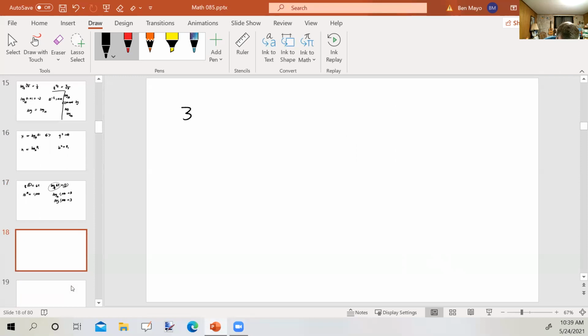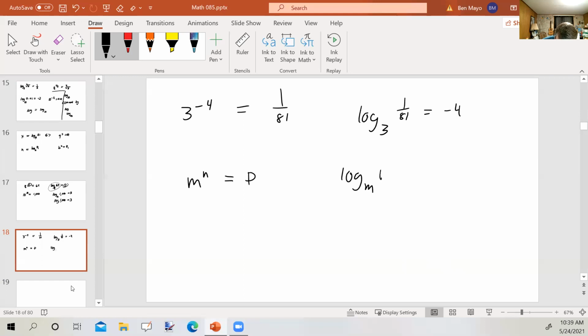Okay, 3 to the -4 equals 1/81. Log base 3 of 1/81 equals -4. Or how about this? M to the n power equals p. Log base m of p equals n.